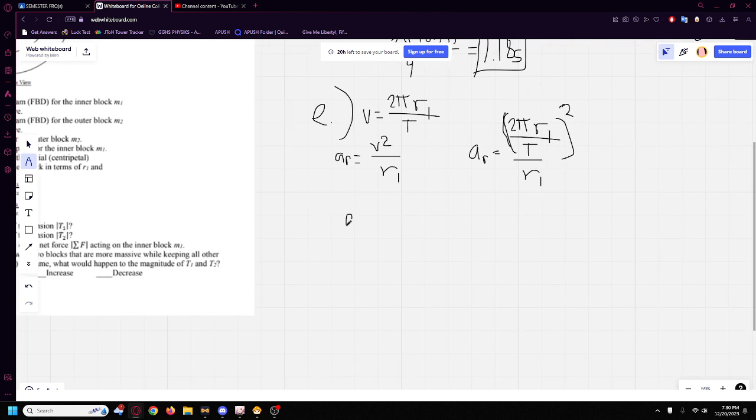And then you should get a_r is equal to 4 pi squared r1 squared over t squared, divided by r1. So we can move the squares.